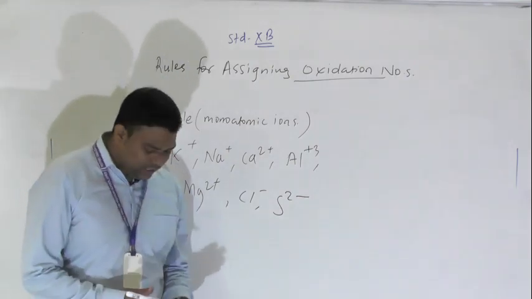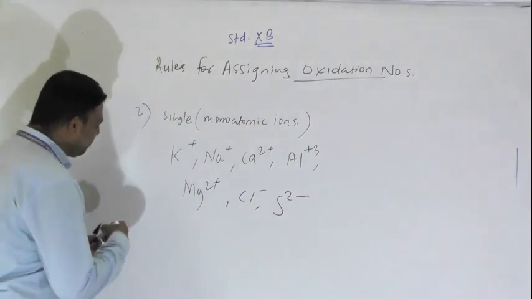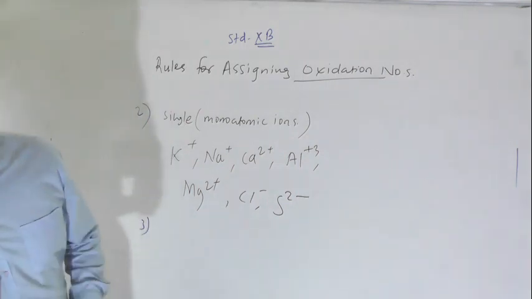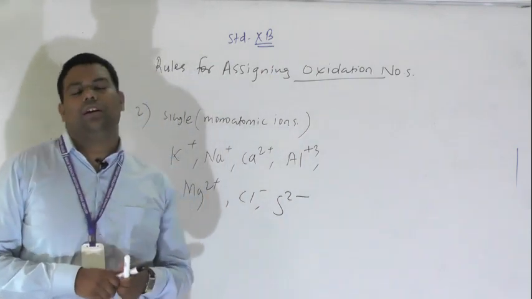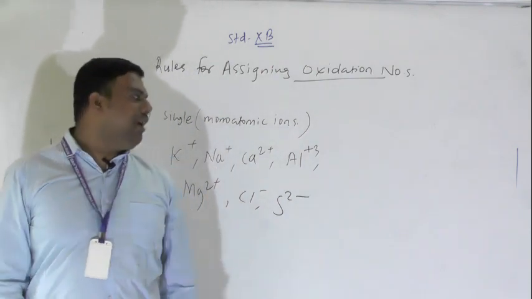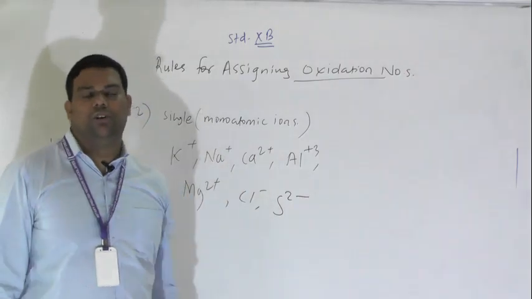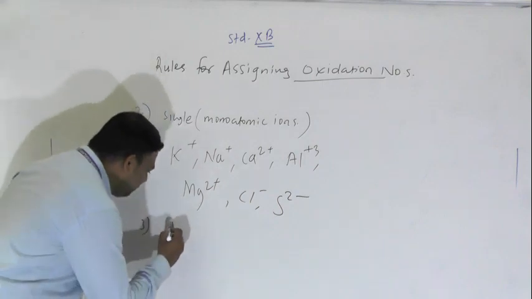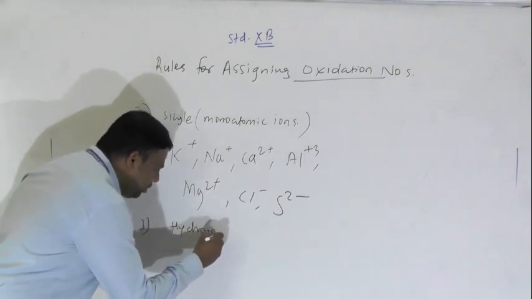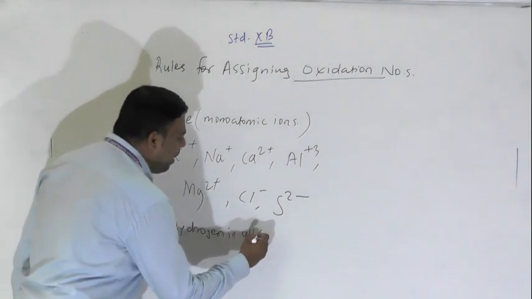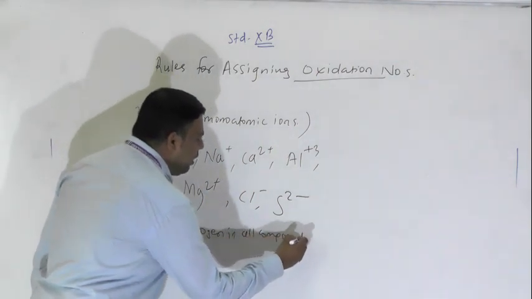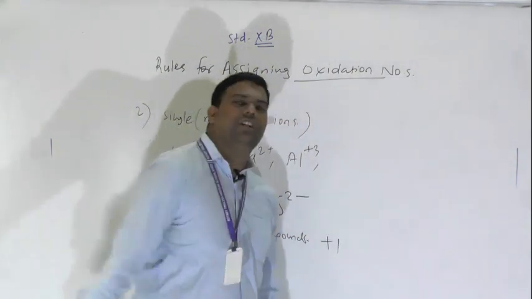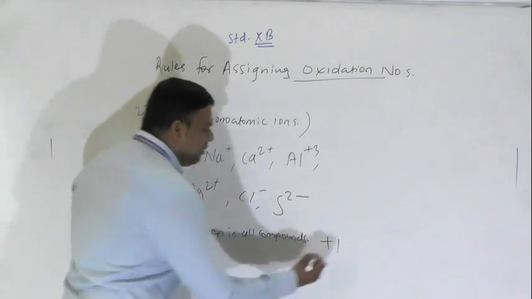Now we will discuss the third rule. Hydrogen in almost all compounds has an oxidation number of +1.